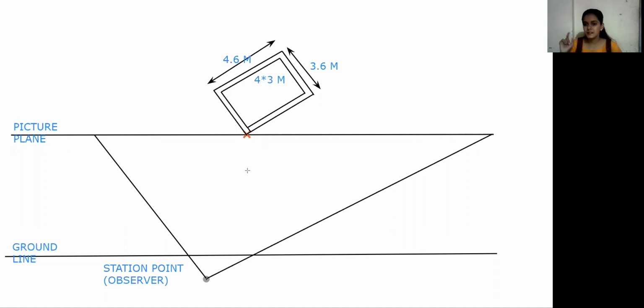Then consider the dimension of the door that we have taken as 1.2 width and 2.1 height. So 1.2 meter is width of the door. So we need to draw the same line 1.2 centimeter apart in the wall. So like this we can draw the door. So here door is drawn.